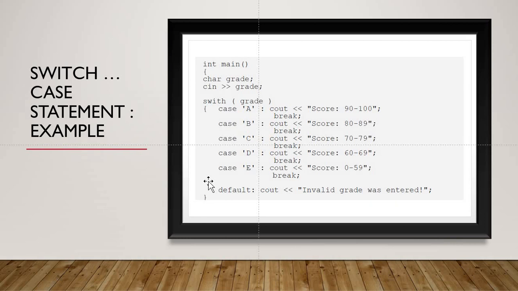Maksudnya kalau you nak buat satu program, kadang-kadang orang salah masuk, kita nak nombor tapi orang masukkan huruf. So we can put default and output a cout statement, invalid grade or invalid input, to notify the user that the input entered is invalid.